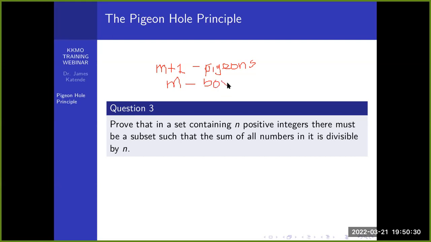Boxes is faster to write, so I will write boxes. If I distribute these m+1 pigeons in these m boxes, I am guaranteed that there will be at least one box with 2 pigeons. Does that make sense?